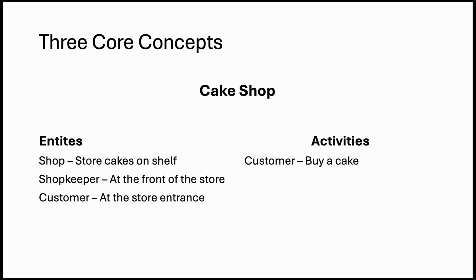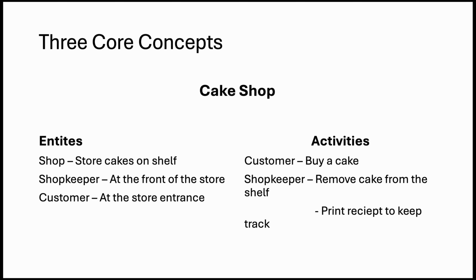Then the shopkeeper, according to the intentions, suggests some cakes, brings them out from the shelves, packs one for him, prepares a receipt and removes that cake from the stock to keep track of the stock. This is the very basic example of a cake shop.